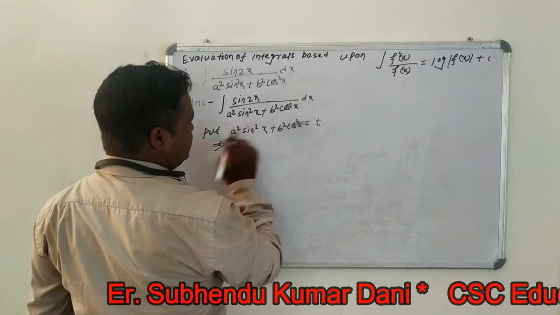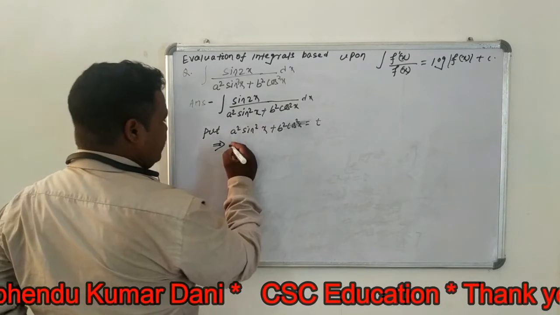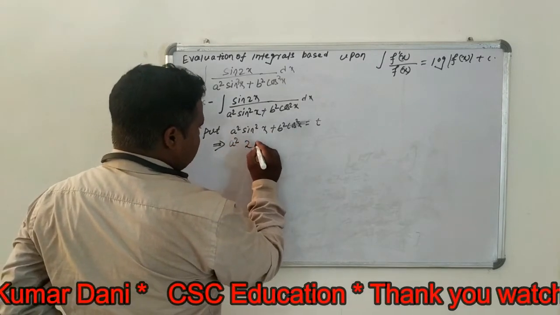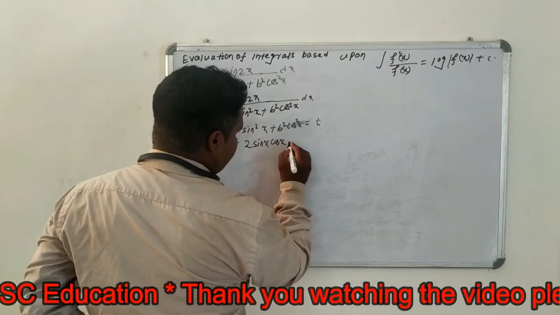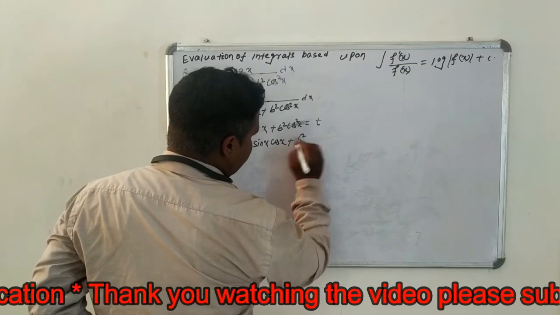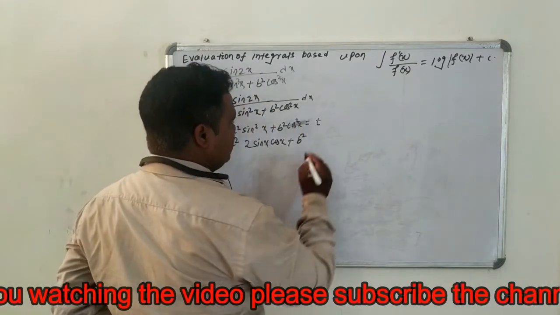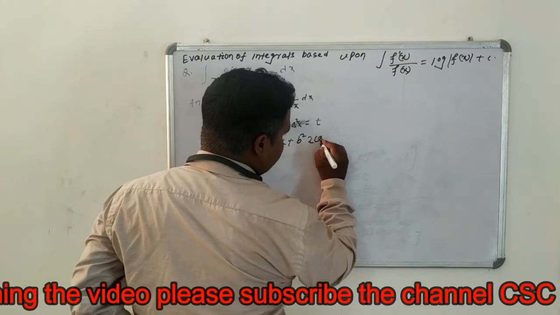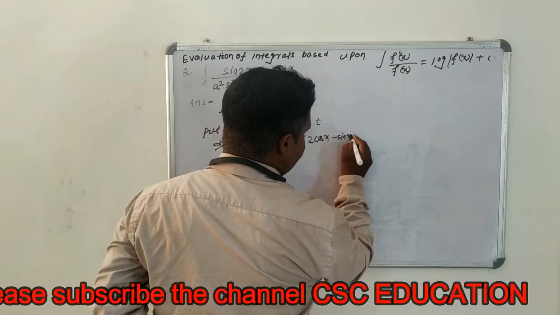So sin square x is a power function, which means 2 sin x, and again the derivative of sin x is cos x, plus b square is a constant, and cos square x is squared, so 2 cos x, and the derivative of cos x is minus sin x.